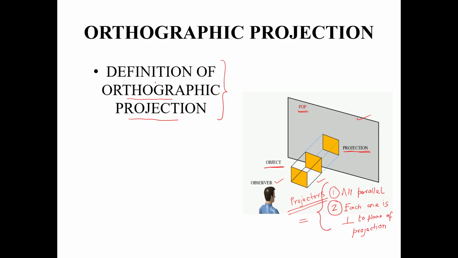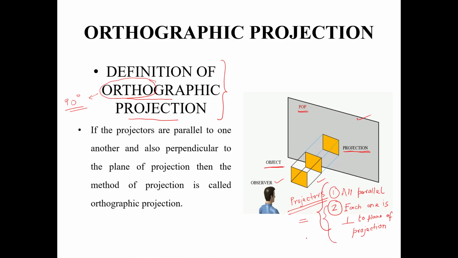From the world of mathematics and geometry, we know that the term ortho has something to do with perpendicularity. So this perpendicularity comes from the fact that each and every projector is perpendicular to the plane of projection, from this part of the definition.